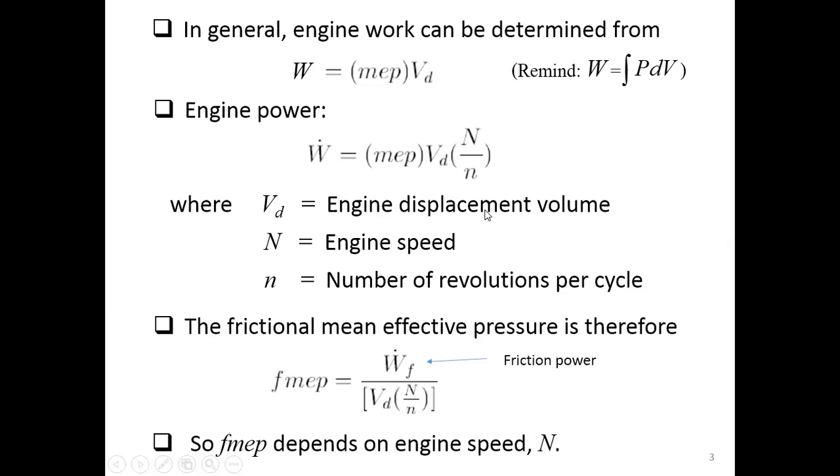So the friction mean effective pressure can be found in the same way as shown in these equations. If we know the friction power, the speed of the engine, and the displacement of the engine, then we can determine the friction mean effective pressure. From these equations, you can see that the friction mean effective pressure mainly depends on the engine speed.